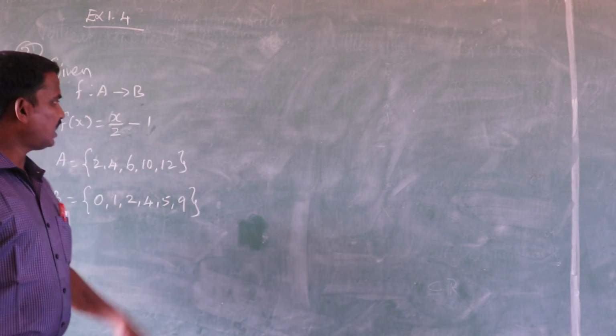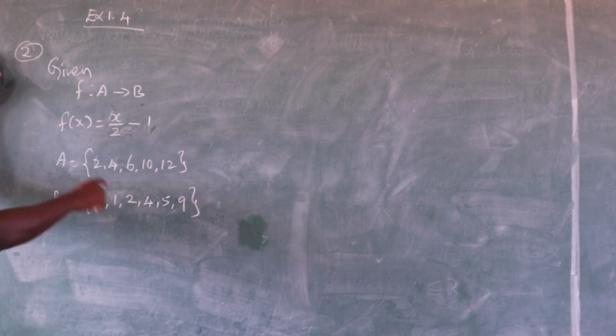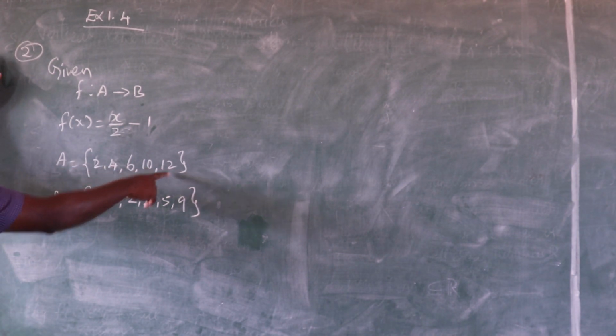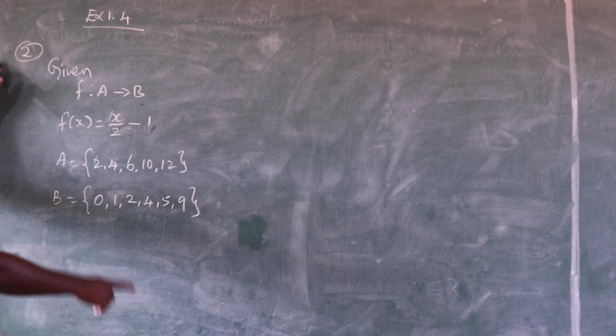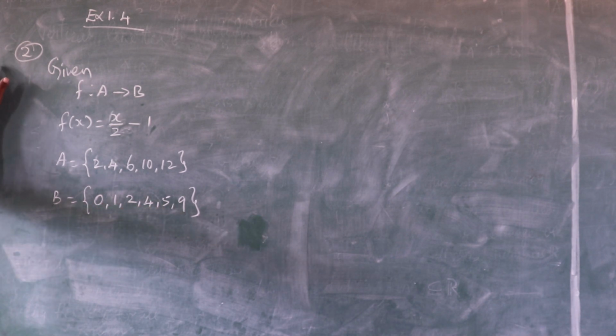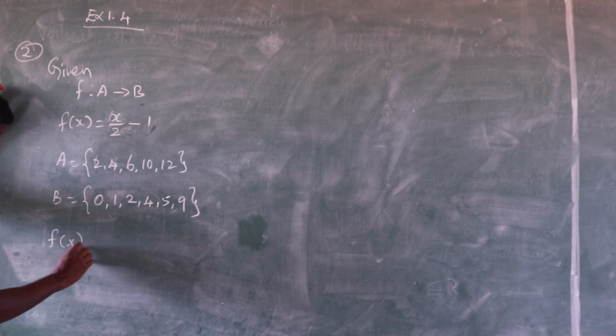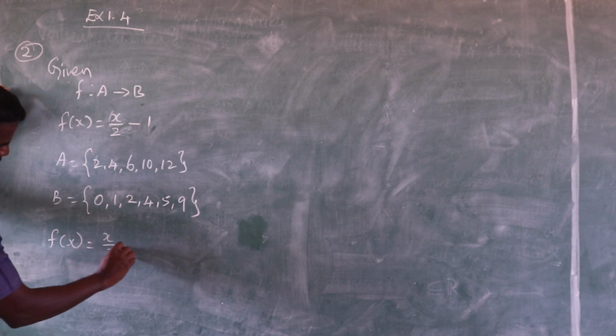Before that, we can replace the values of A in the given function f of x, because we have 5 elements in A and 6 elements in B. So f of x equals x by 2 minus 1.